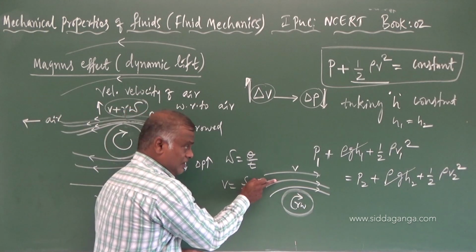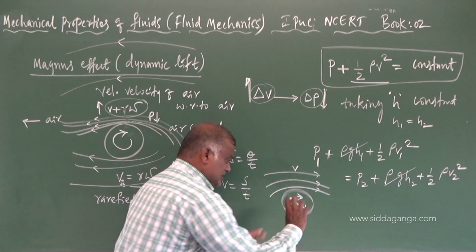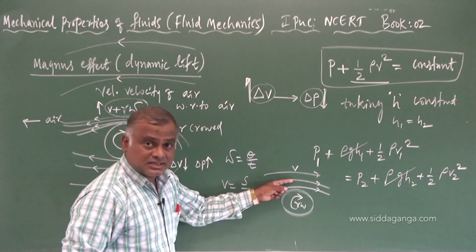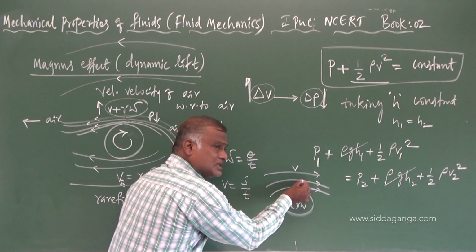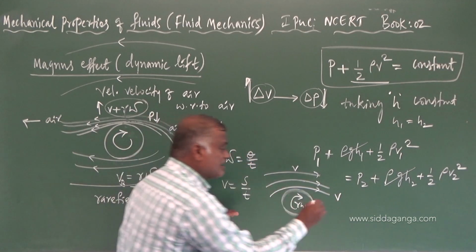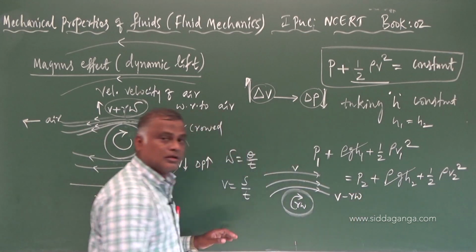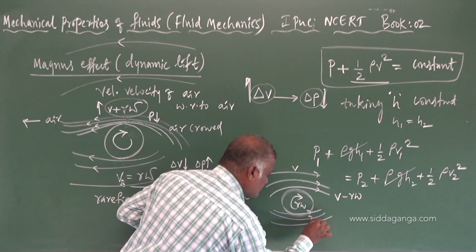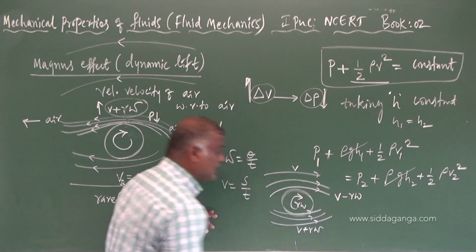Here the direction of velocity and the direction of spin are the same. In this case, the relative velocity of the air layer becomes V minus r omega, whereas at the bottom the speed becomes V plus r omega.